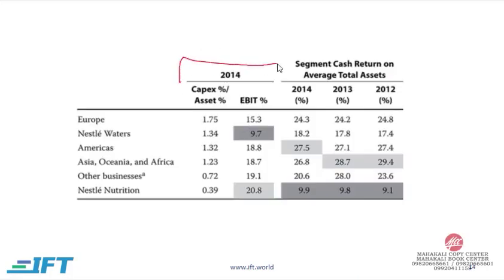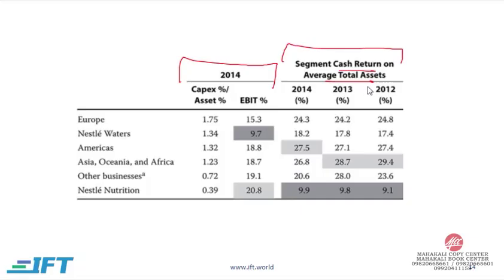These two columns are based on what we just saw. We have the EBIT percentage, which is from the income statement, and then we have the capital expenditure percentage to asset percentage. But here he's doing a segment cash return on average total assets. So he's seeing how much cash each segment is generating divided by total assets.